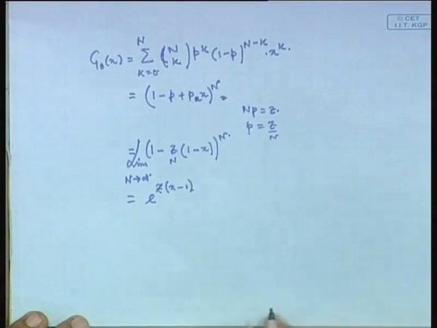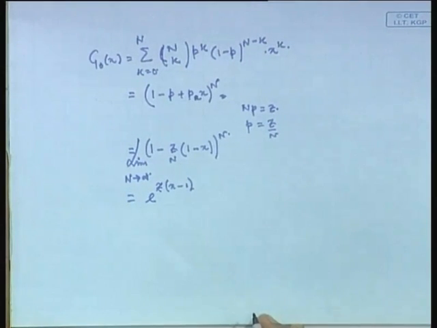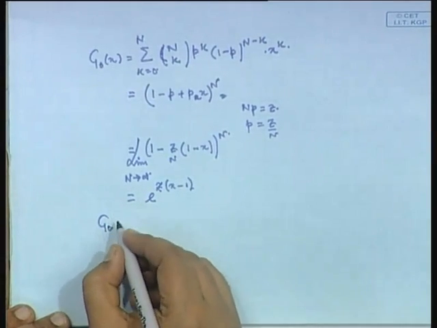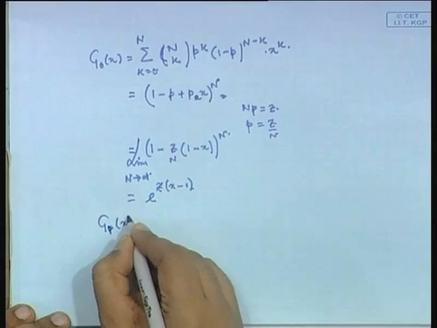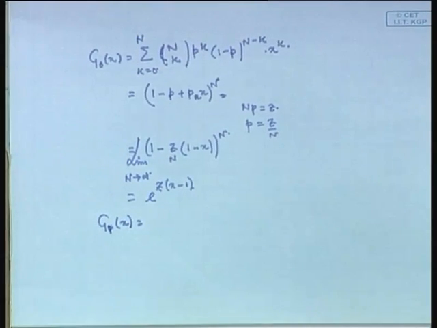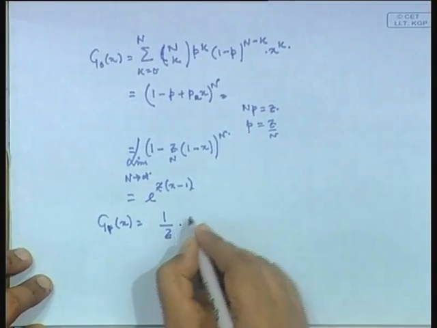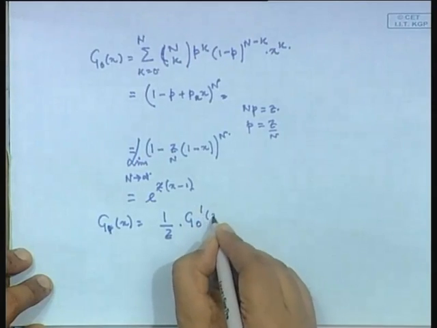Now given this, first of all, we want to find G1x. What is G1x? Tell me the formula quickly. G1x is 1 by z into G0 dash x.